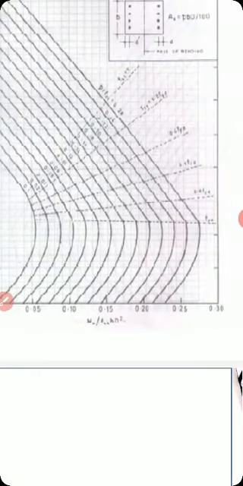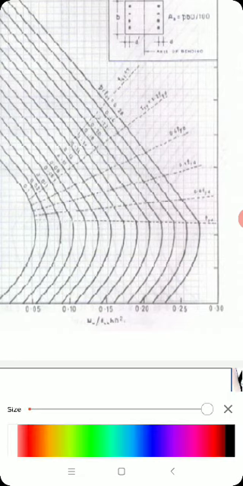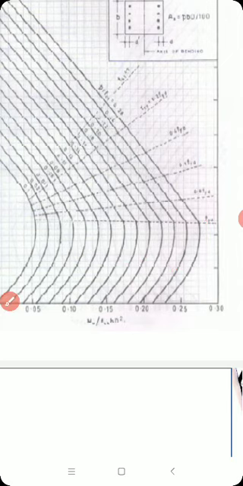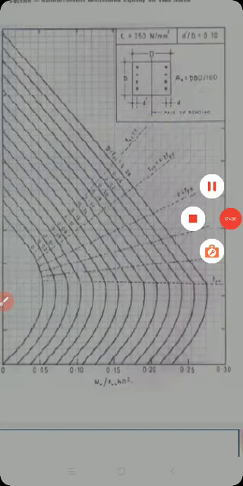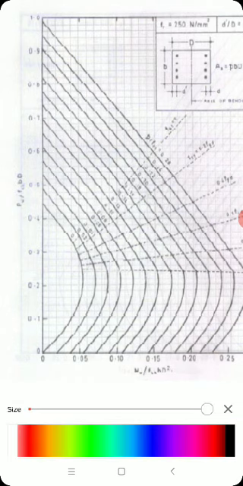p by fck 0.28 means it is nearly at this point, and Pu by fck bD is 0.27, which is nearly at this point.